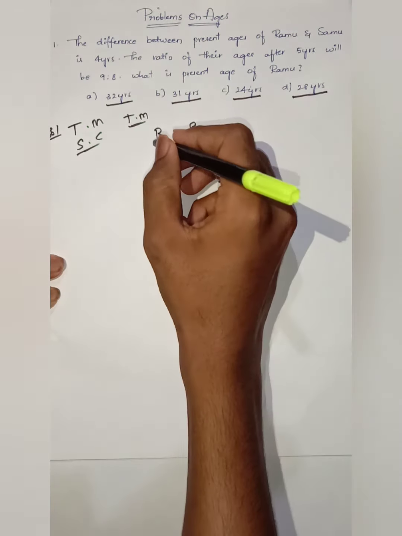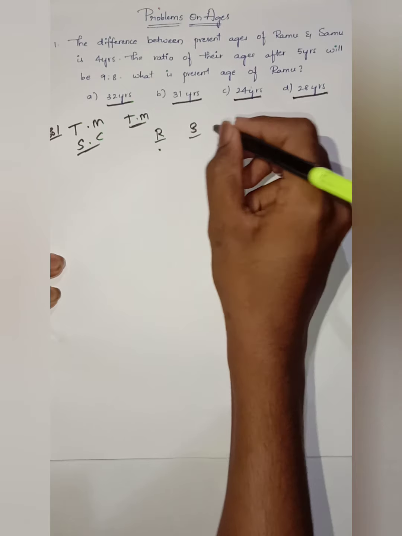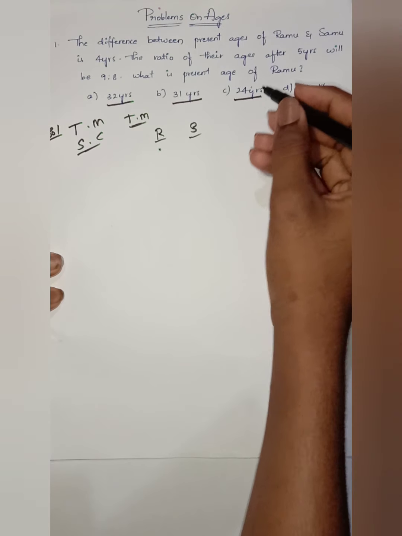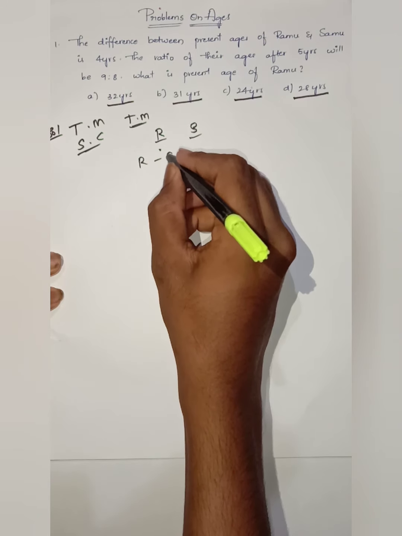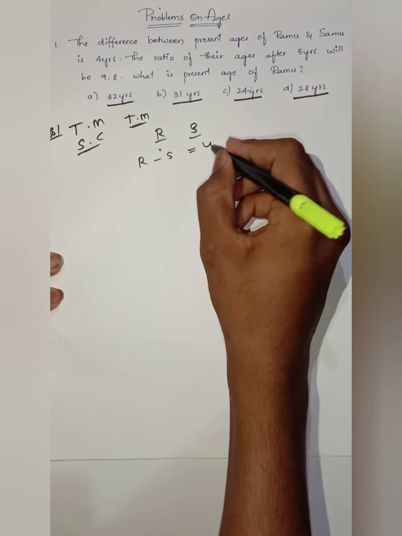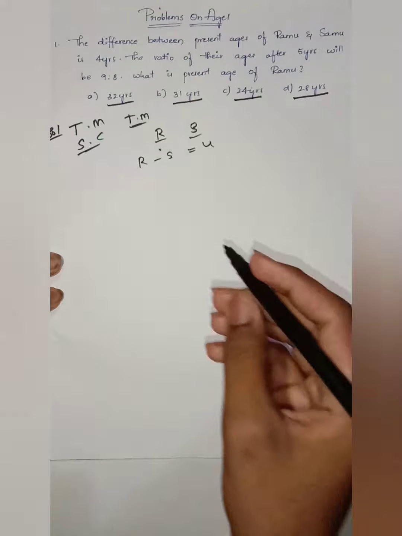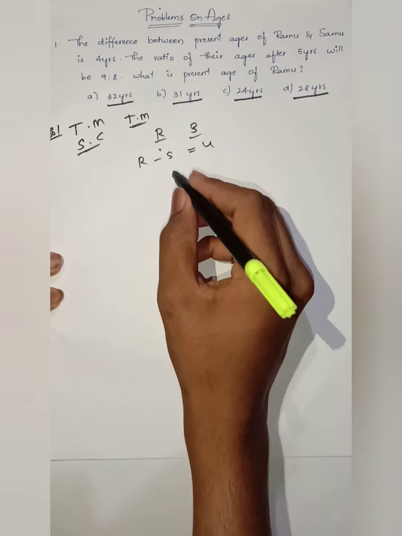So let Ramu be R and Somu be S. The difference between them is 4 years, so write the equation as R minus S is equal to 4. And it is given that the ages after 5 years will be in the ratio 9:8.